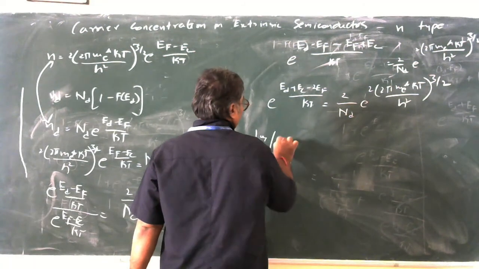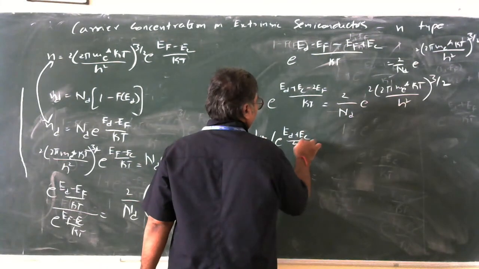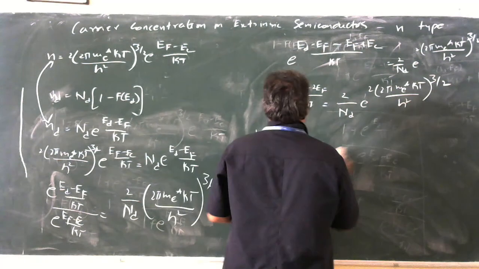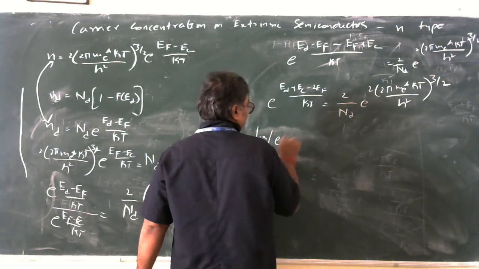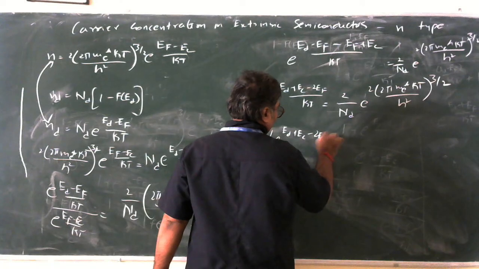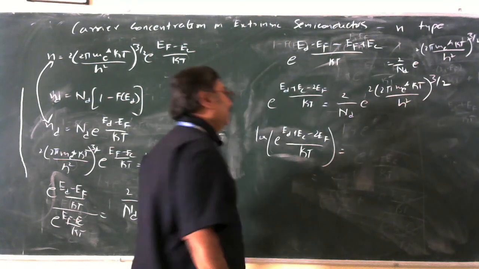Log of exponential of (ED plus EC minus 2EF) by KT. Let us put it in a simple equation, then let us solve it further. So what are we going to have?